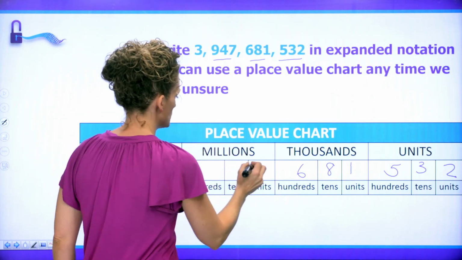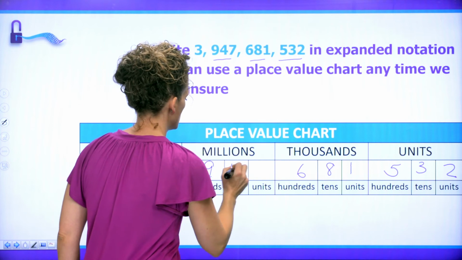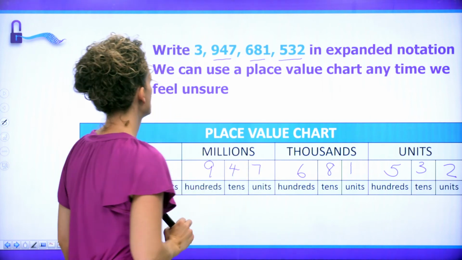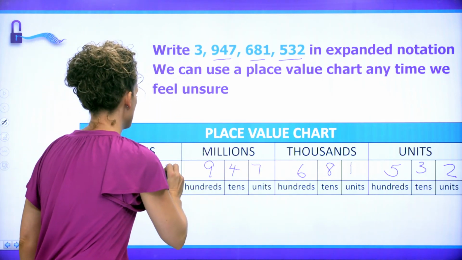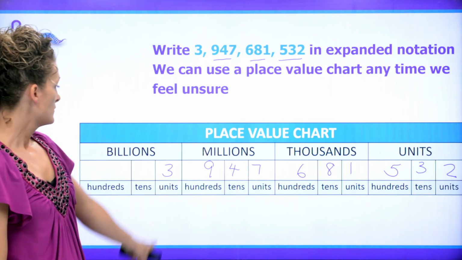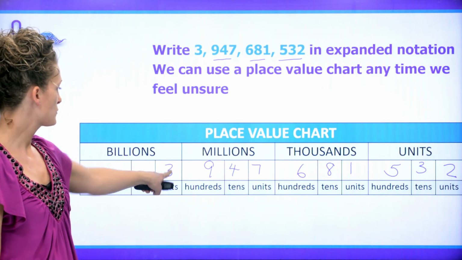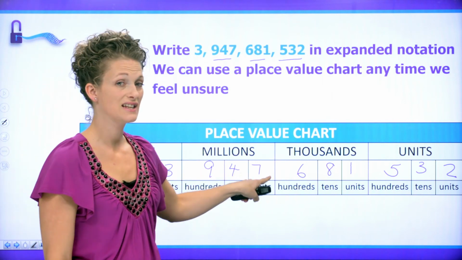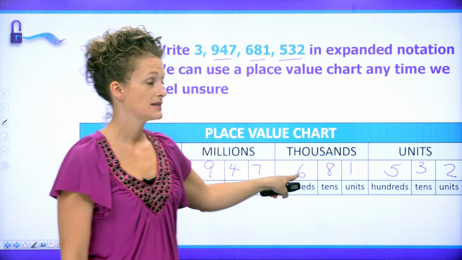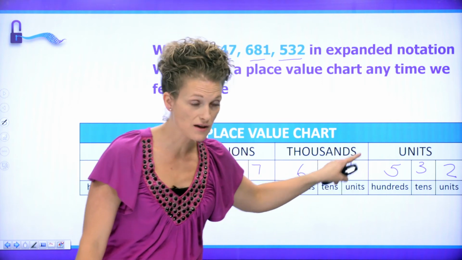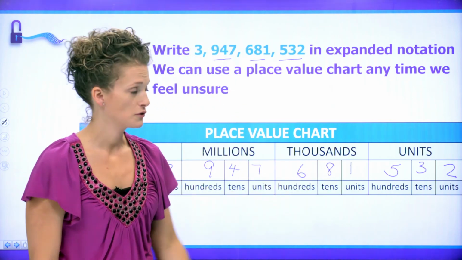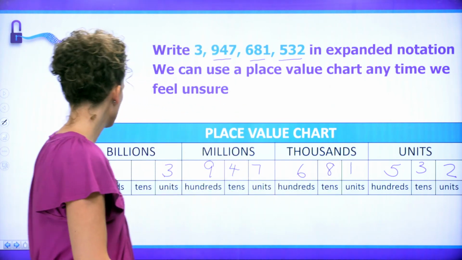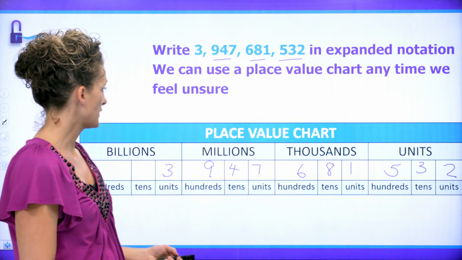And then I'm going to do 9, 4, 7, and a 3. So we have 3,947,681,532. So that's a really big number, but the place value chart really helps to simplify it.